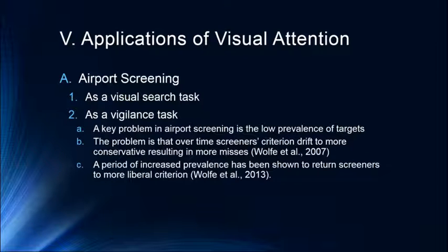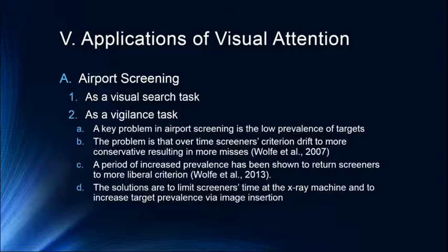The other thing we see in the research is that a period of increased prevalence has been shown to return screeners to a more liberal criterion. So the solutions to these problems are that we limit screeners' time at the X-ray machine and increase target prevalence by image insertion. What happens at the checkpoint is the computer which is processing the X-ray image of your bag will insert some of these rare objects.